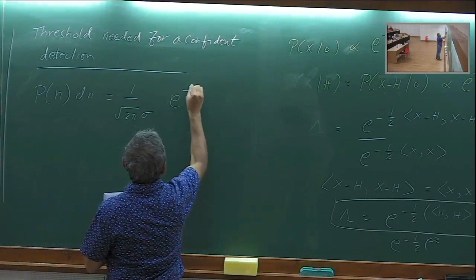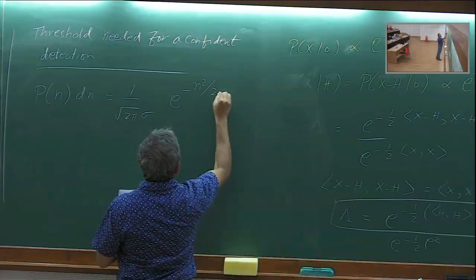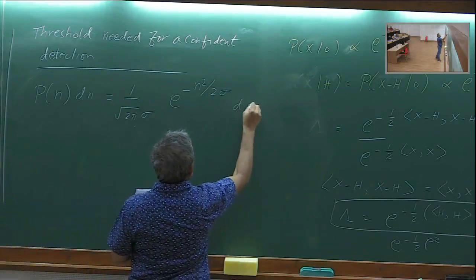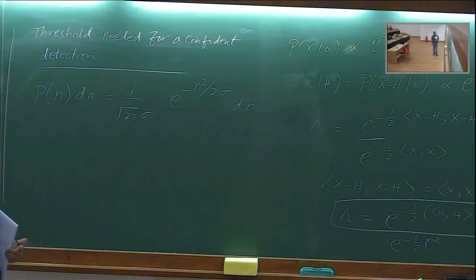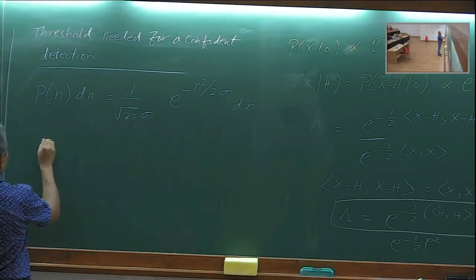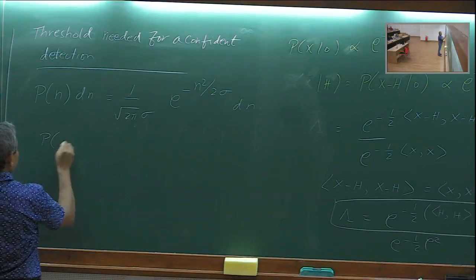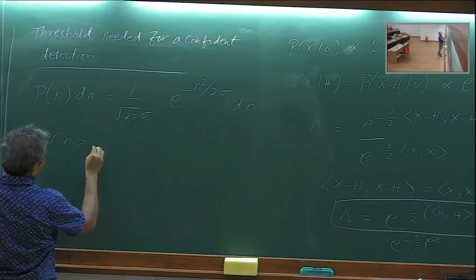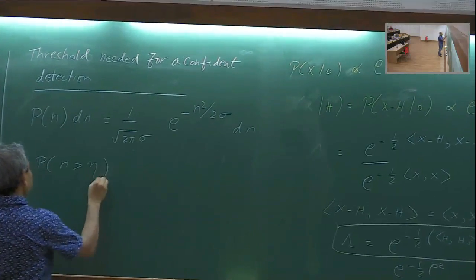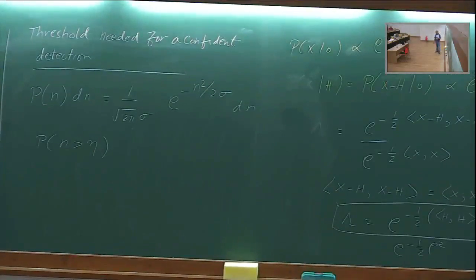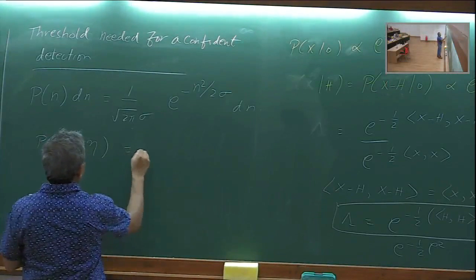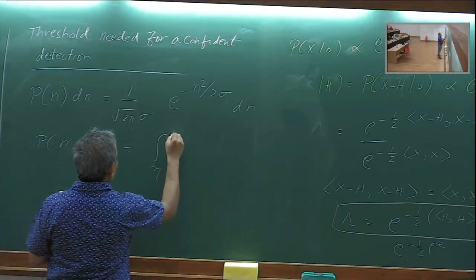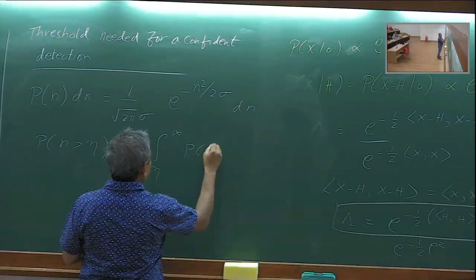So that's e to the minus n square upon 2 sigma dn. Now, the probability that the noise alone exceeds some threshold, which I will call eta, probability that n is greater than eta, is the integral from eta to infinity of P of n dn.